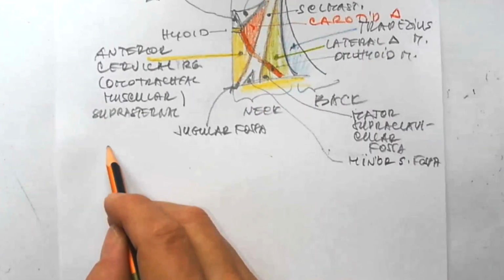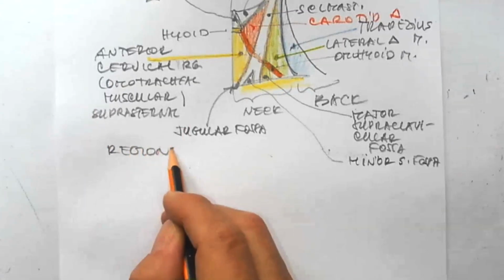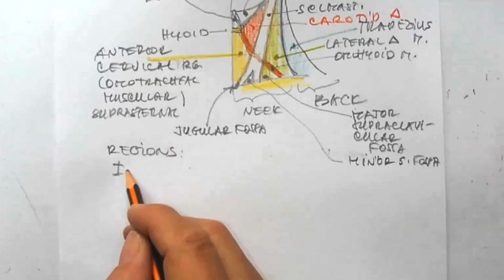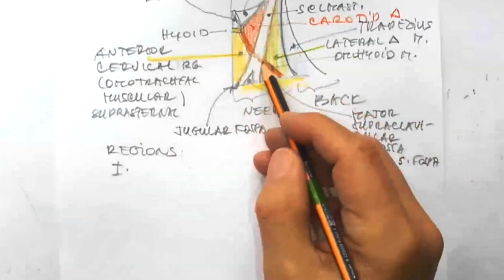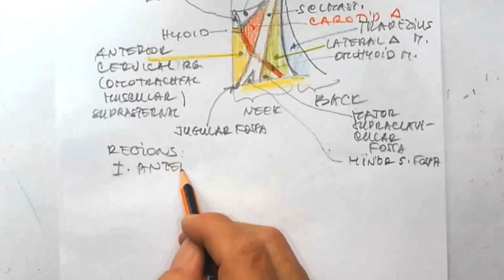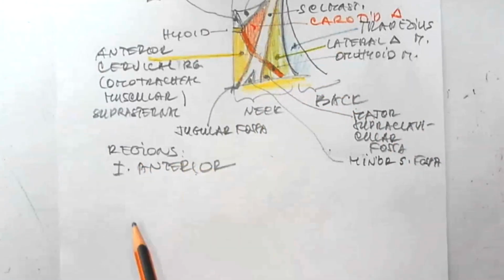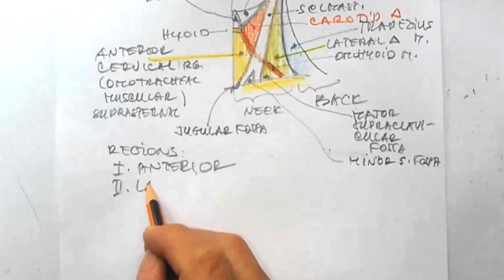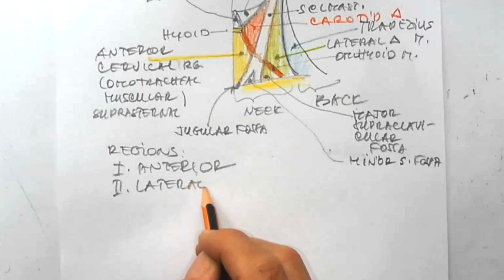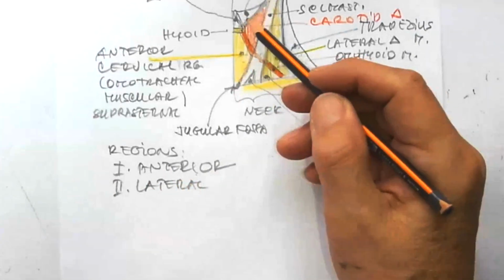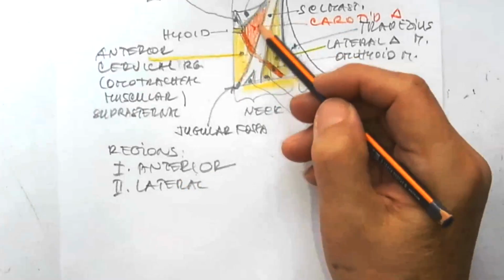So generally, the regions are divided into the anterior. In fact, anterior, they are all these to the sternocleidomastoid, so anterior, we will start with them, anterior regions. Then number two is the lateral region, lateral. Anterior is yellow, color white, red, all these are anterior.